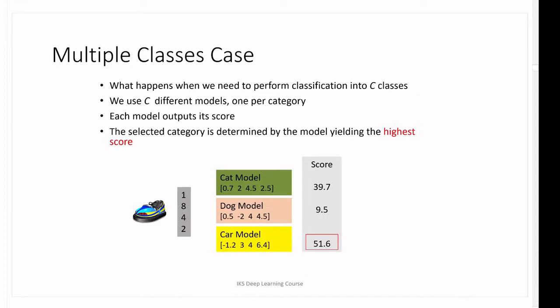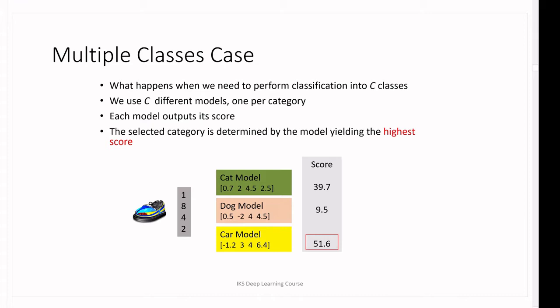Now, let us see how we can extend this model for those classification problems where the number of classes is more than 2. That is, multiple classes. So suppose the number of classes is C. In that case, what we will do is we will use C different weight vectors or C different models, one per category or one per class.